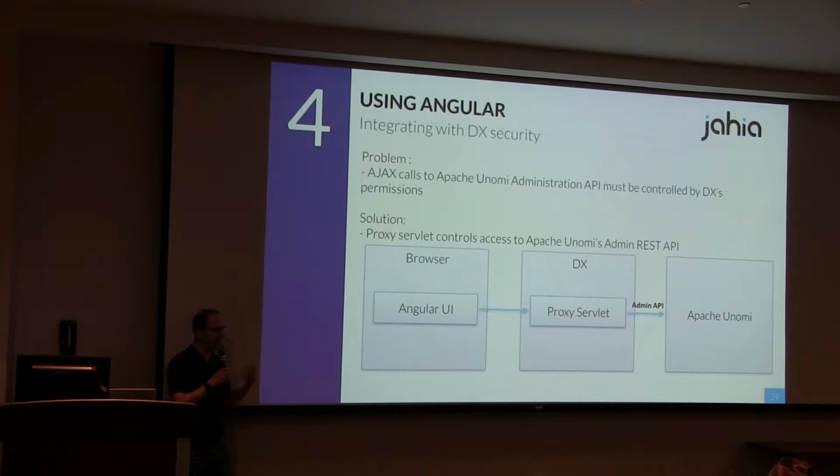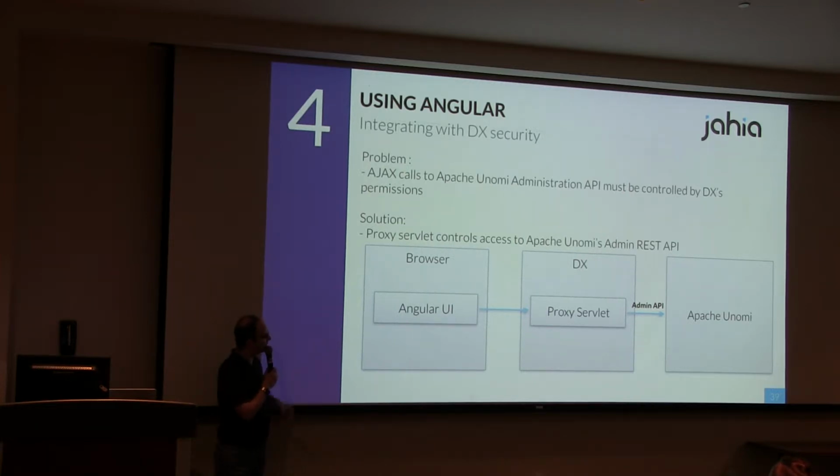The best way we could solve this was to relay those secure calls through the platform. So we built a proxy servlet that takes the REST API calls and filters them, meaning only the ones allowed by the authentication would actually reach the Unomi server. This also meant we no longer have to expose the administration URL to the whole world.